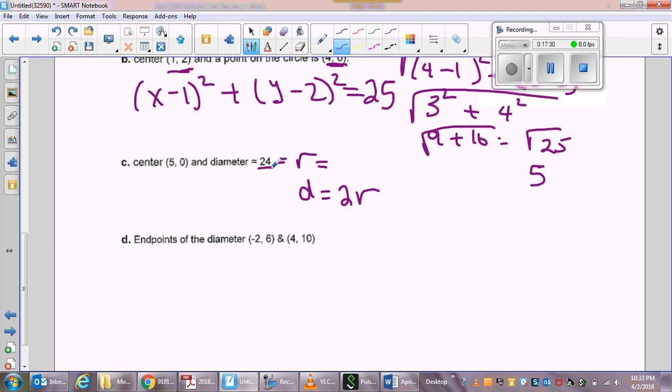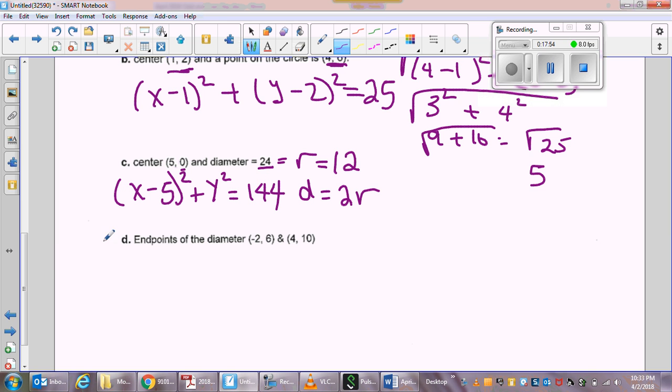So what is 2 times a number that gives you 24? 12. Perfect. So all I have to do is (x minus 5) squared plus y squared equals 12 squared, which is 144.